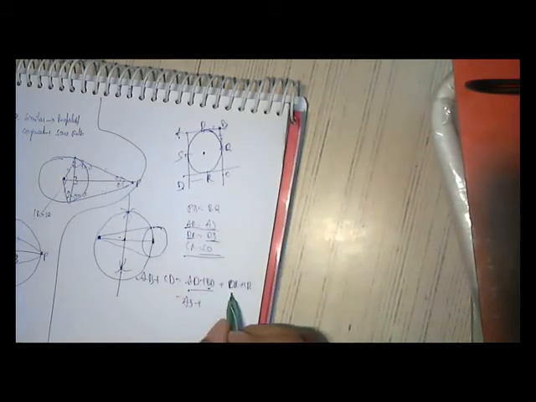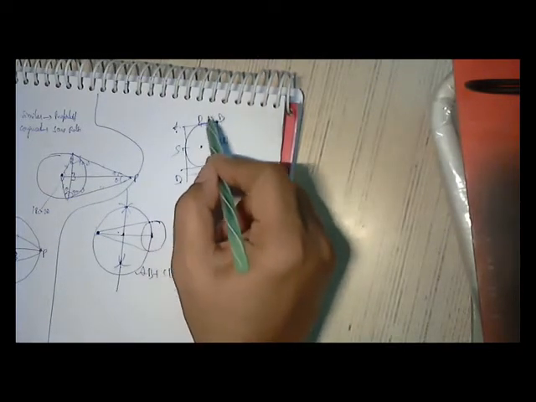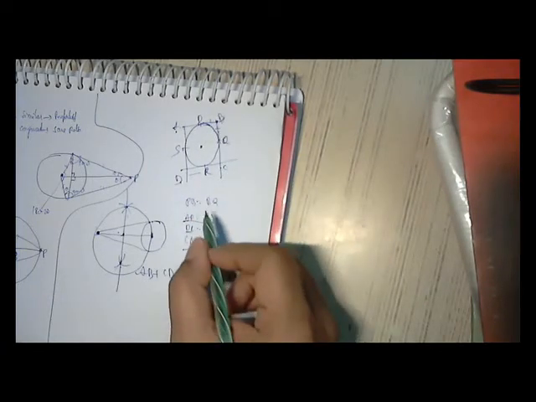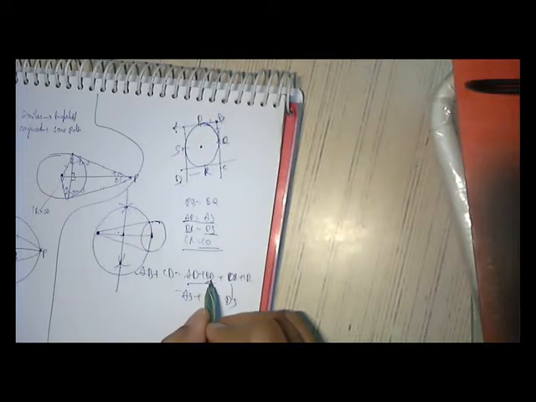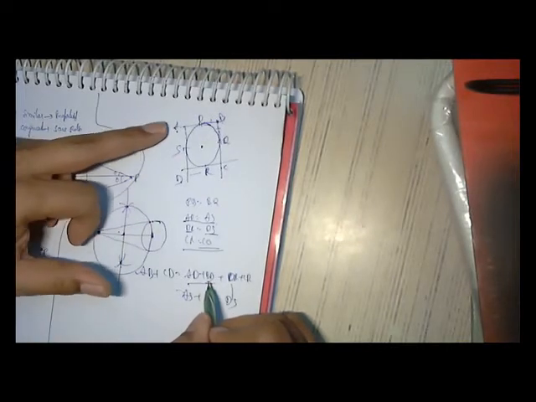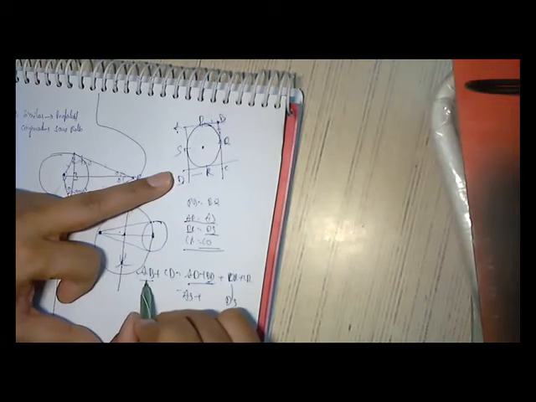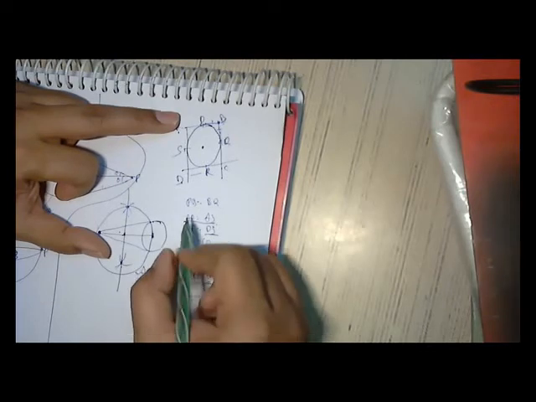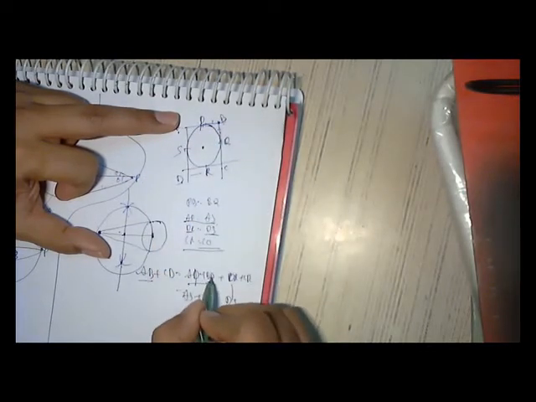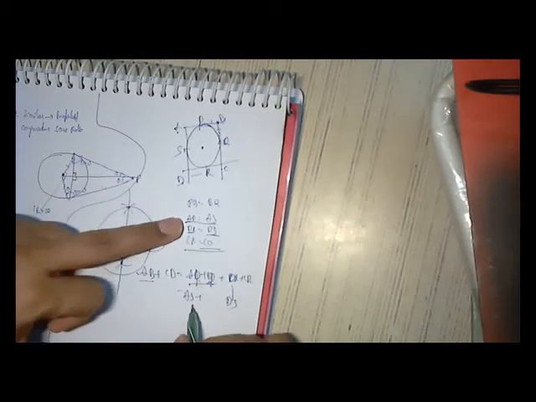So AP plus DR is AS plus SD, which is AD.